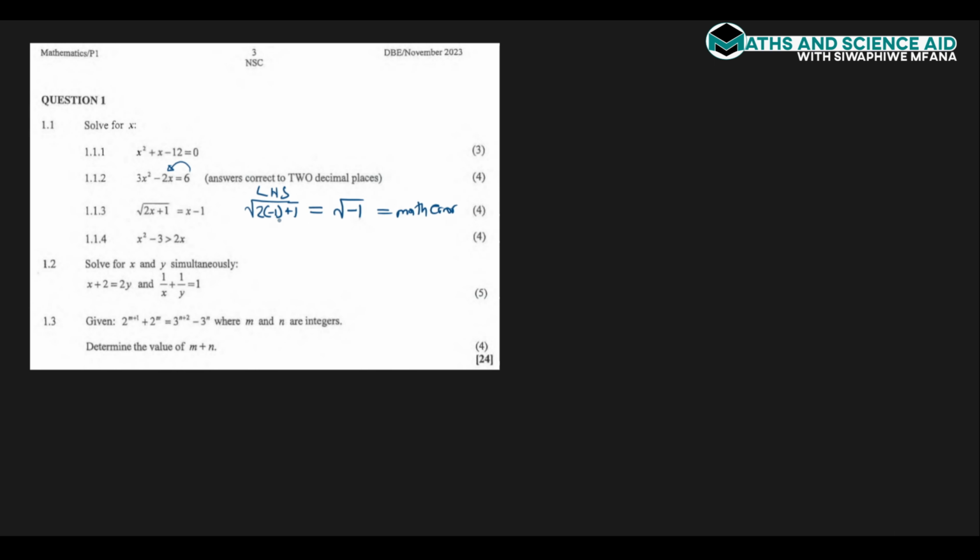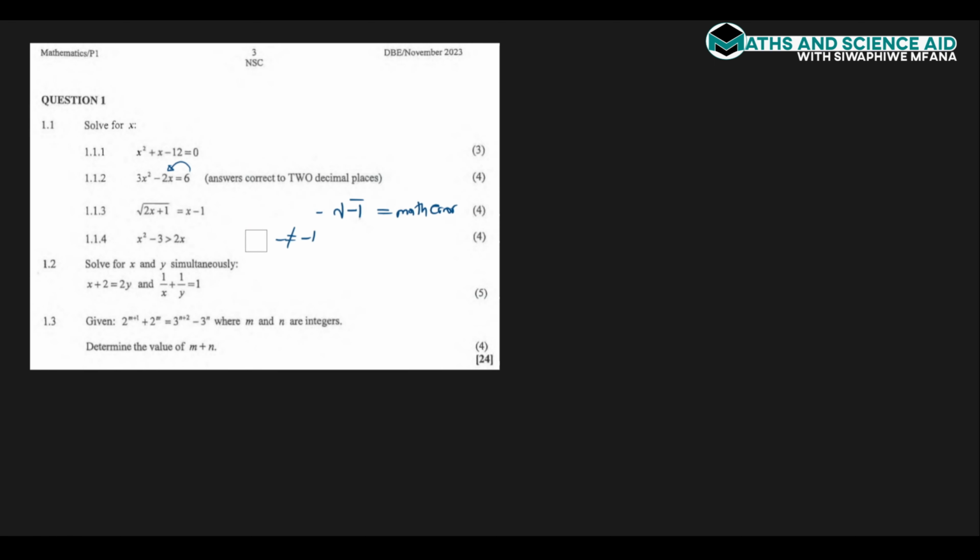So this means that if, for an example, one of the values of x that you had gotten was -1, that -1 would not be part of your solution, because as you can see on the left hand side, it's giving you a maths error. But I haven't done this calculation, so I'm not saying that one of the values of x that you will get is -1, but I'm just making an example to show you how to check if your values of x are correct. So you must always check whether the left hand side is equal to the right hand side or not.